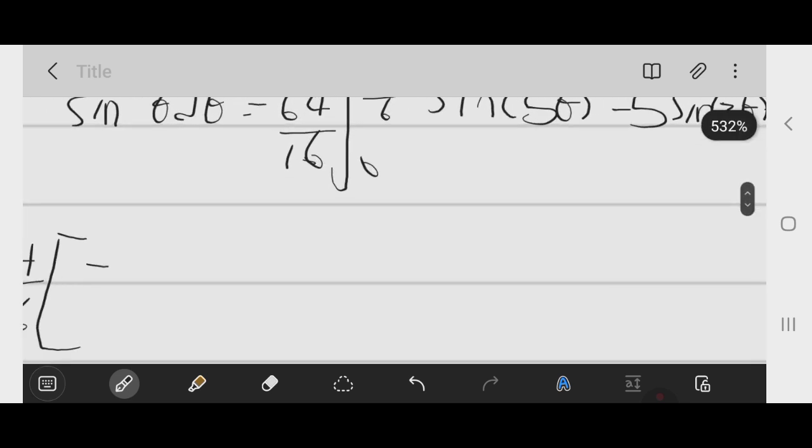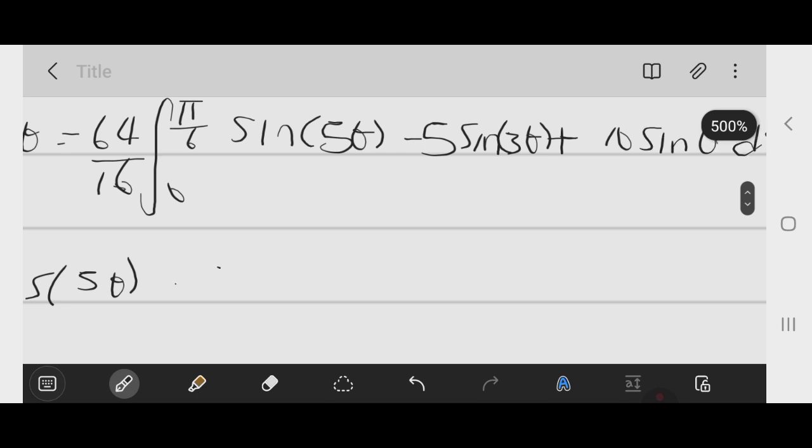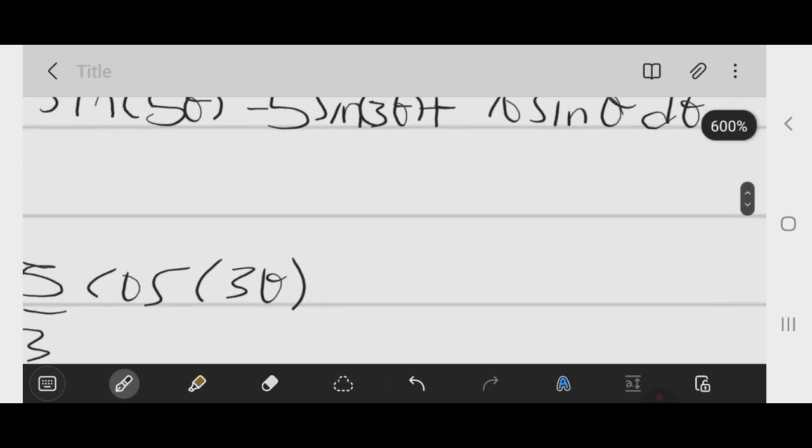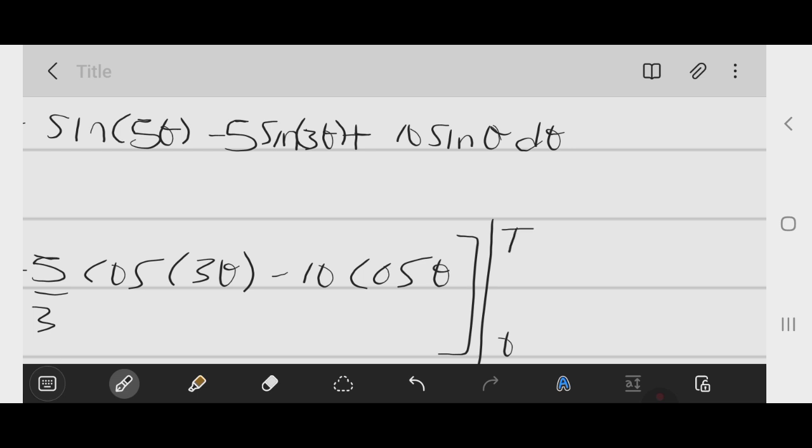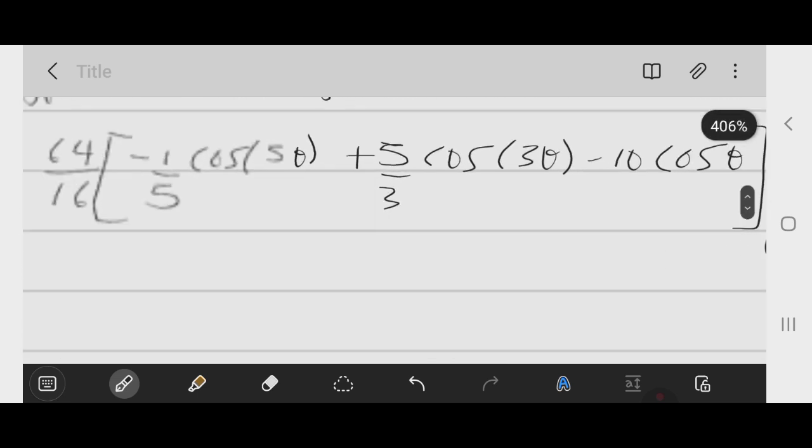And a little more of what we already know. Now evaluating at the intervals.